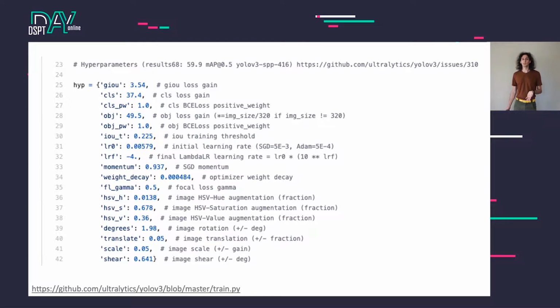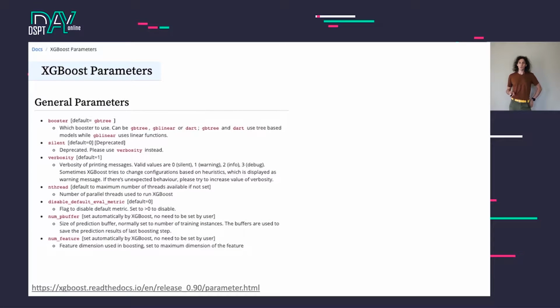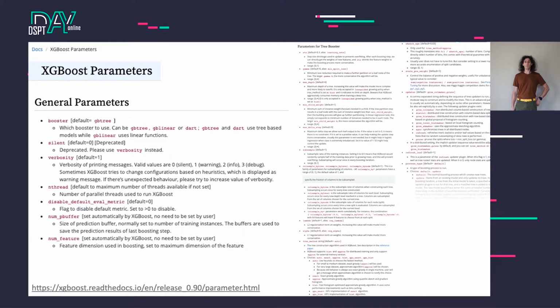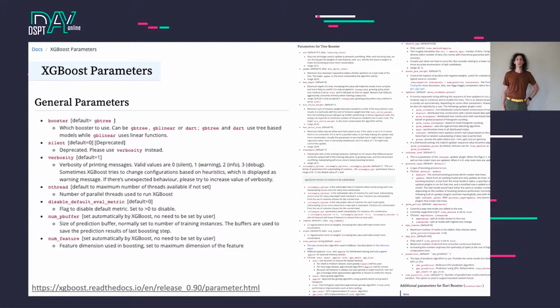Some real world examples. Here's YOLO with a couple dozen hyperparameters that it exposes. Or consider XGBoost, which is probably the biggest workhorse in industrial machine learning and probably runs more real predictions than anything else today. Last time I checked, it has 42 hyperparameters you have to pick to run the thing, which is kind of nuts.